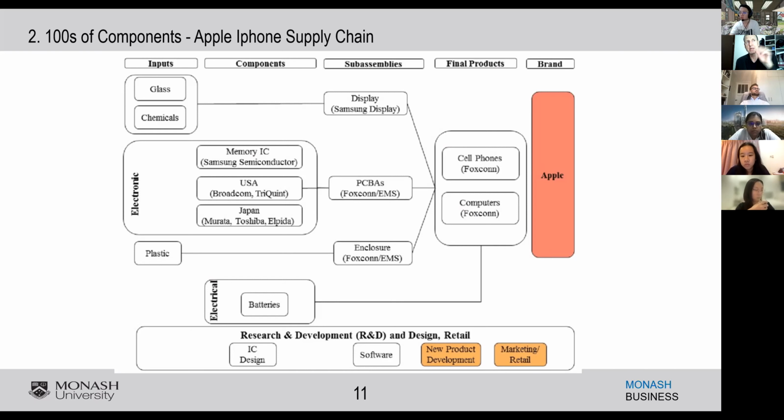And these assemblers, like Foxconn, are basically called EMS manufacturers. They provide electronic manufacturing services, EMS. Celestica, Foxconn, Pegatron, there's dozens and dozens of major companies in this EMS manufacturing business.